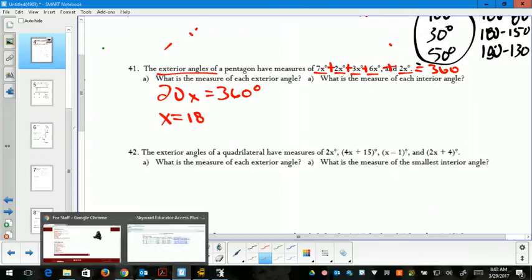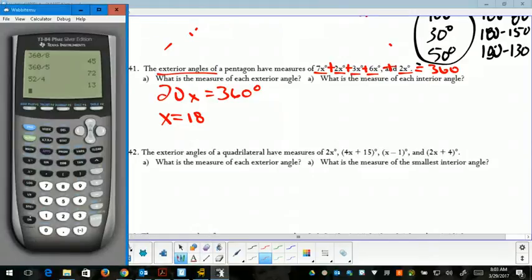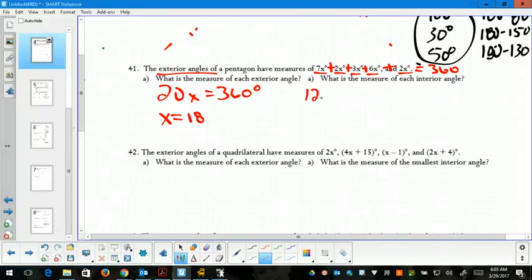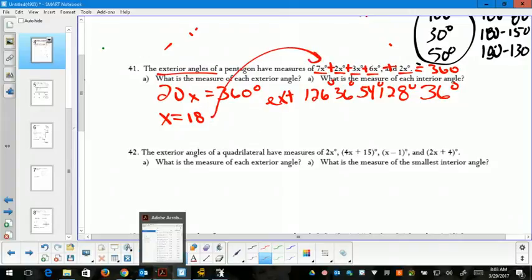Plugging it back in, we have 7 times 18, 2 times 18, which is 36, 3 times 18, and 6 times 18. These are the exterior angles when I plug 18 back into each of those expressions.